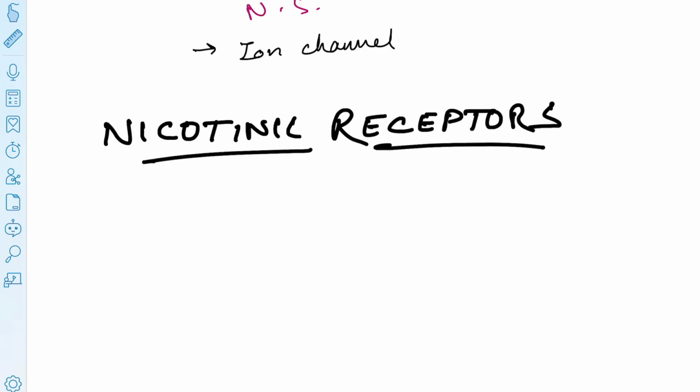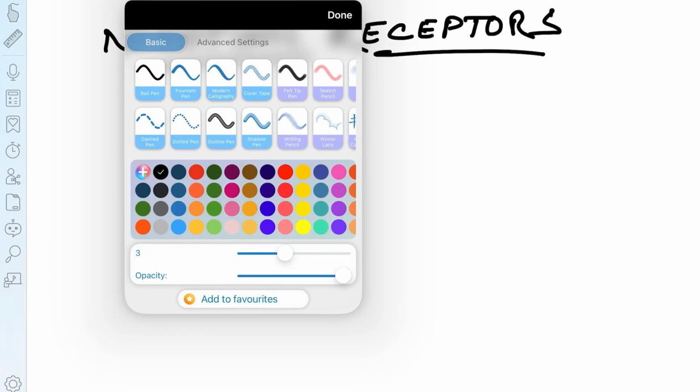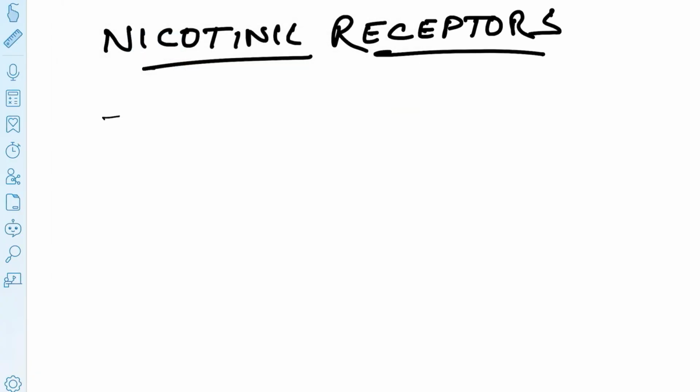As I already told you, nicotinic receptors are ion channels in nature. These are pentameric ion channels. So what does pentameric mean? There are five different subunits that combine together to form a complete ion channel.